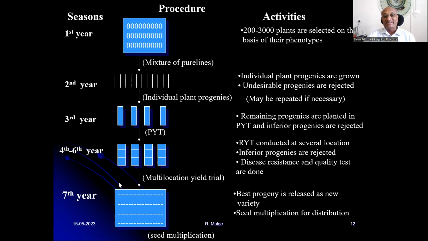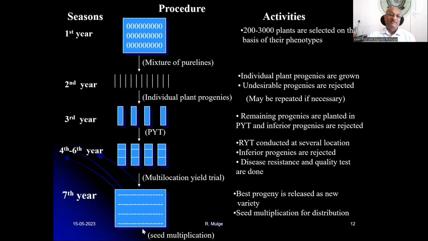Inferior progenies are rejected, disease resistance and quality tests can be done to describe the variety. It's not that you are straight away going for a resistant variety. Most of the time you won't get that, but you have to say that these are the diseases to which this genotype is susceptible. These are the diseases to which this variety, this pure line, is quite tolerant. Like that, the best progeny is released as a new variety.